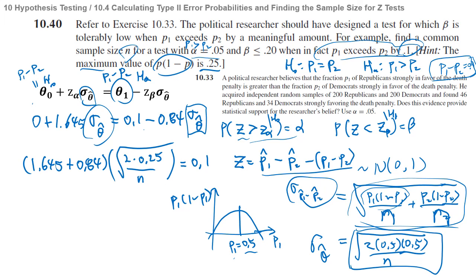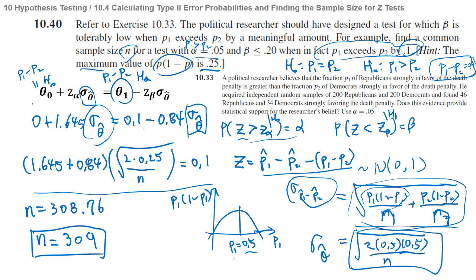You can solve it with respect to n, and then you will get n equals 308.76, so our n should be 309. So this is our answer for this question.